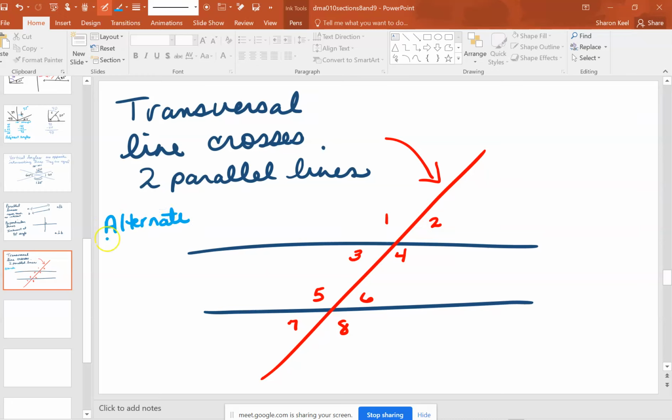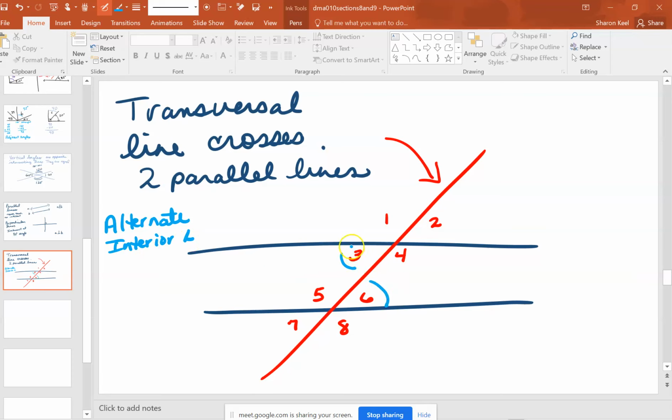Alternate interior angles are on opposite sides of the transversal and inside the parallel lines. So alternate interior angles would be angle 3 and angle 6.